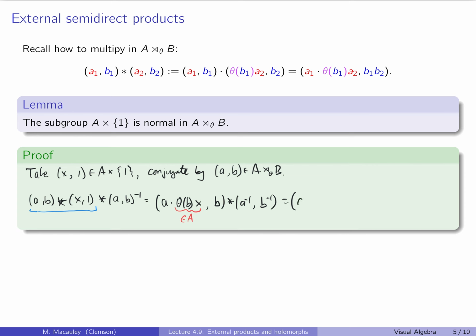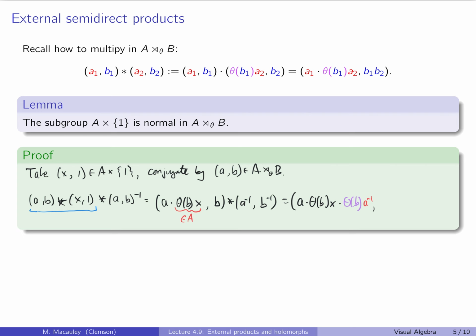So we get a times theta_b(x), but now instead of multiplying by a inverse, we're going to multiply by some rewired copy. So theta_b times a inverse. So let me stick this in here. This is theta_b of a inverse.